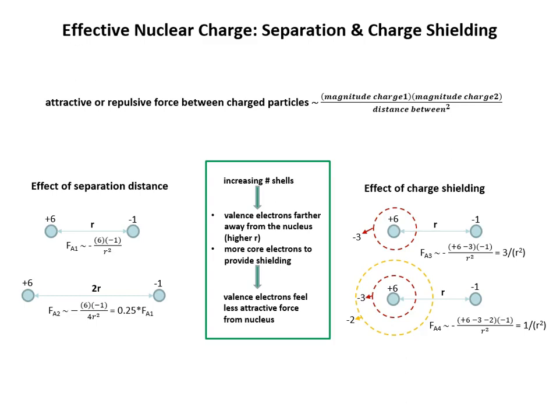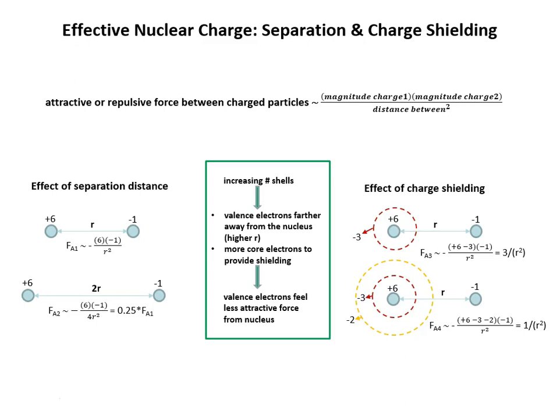We should not be thinking about electrons around an atom as point charges, but for this exercise we can think about it as point charges and use Coulomb's law, where the attractive or repulsive force between charged particles is proportional to the magnitude of the 2 charges divided by the square of the distance between. So if you think about adding quantum numbers, you're separating an electron in that outer shell from the nucleus. That would be equivalent to increasing the distance.